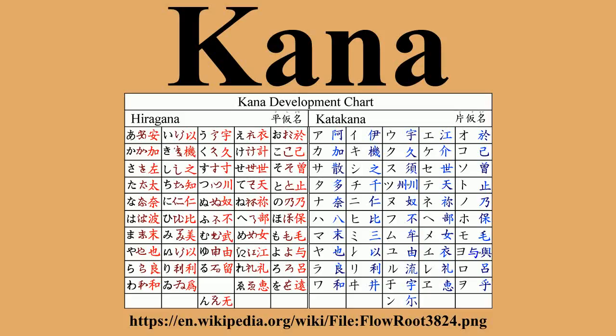Kana in Unicode. The hiragana range in Unicode is U+3040 to U+309F, and the katakana range is U+30A0 to U+30FF. The obsolete and rare characters also have proper code points.